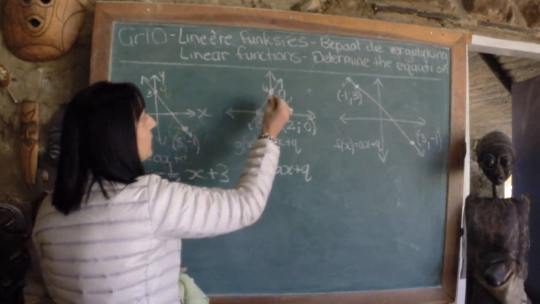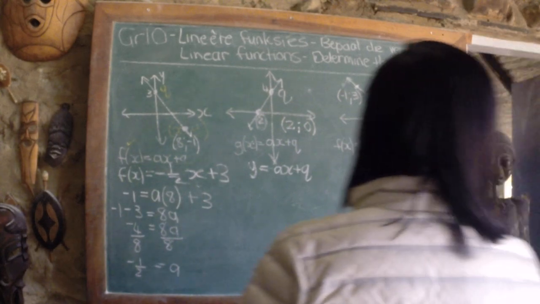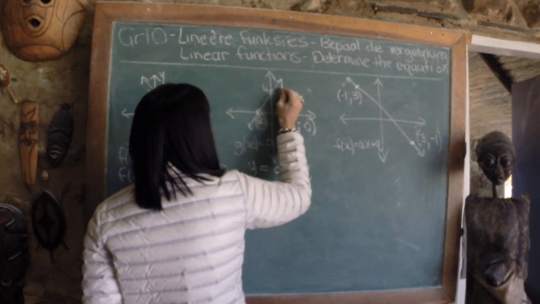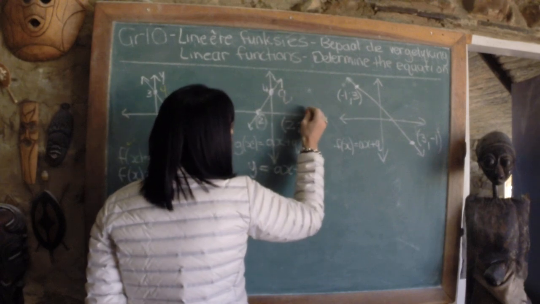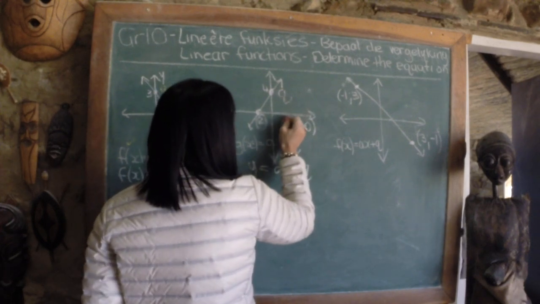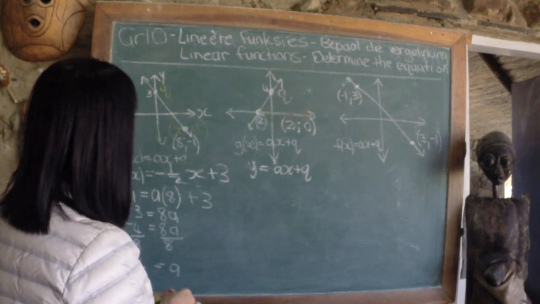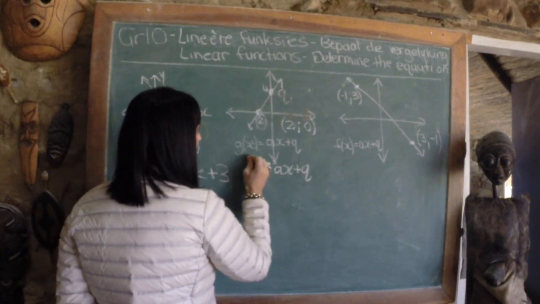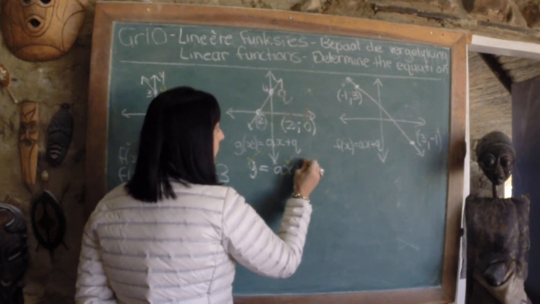Ek het weer vir q, I've got the q value over there, and then I've got again an x and a y value. So let's tick it off. I've got a y value, I've got an x value, ek het 'n q waarde.